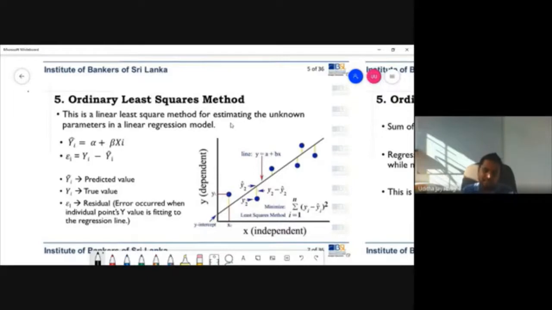And using that method, without eyeballing, without drawing any graphs or lines, for a given set of data points, how to calculate the best fitting line. That's the idea of the ordinary least squares method and its usage.